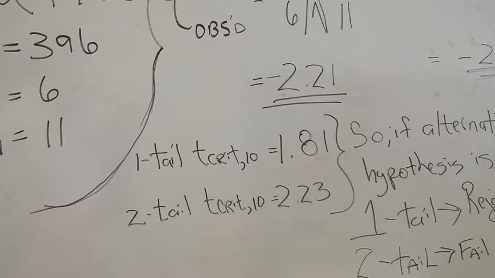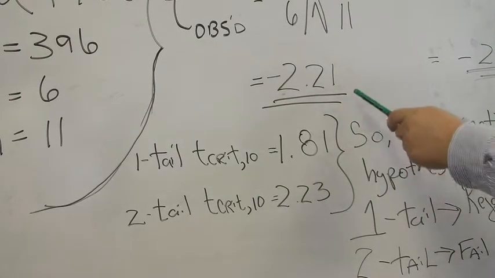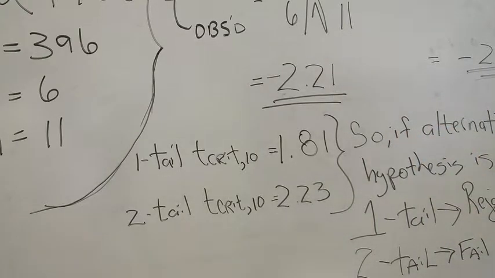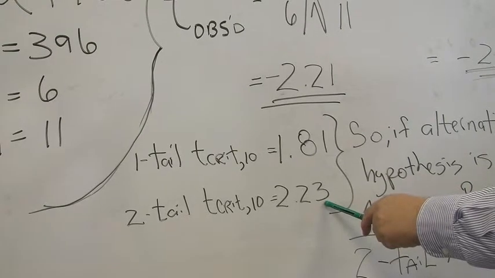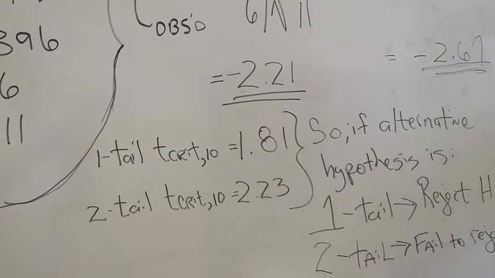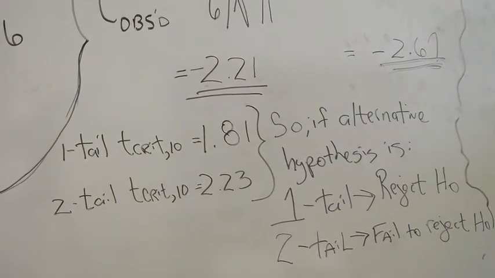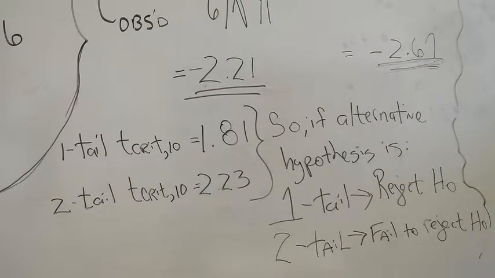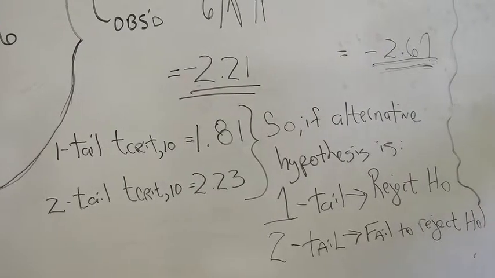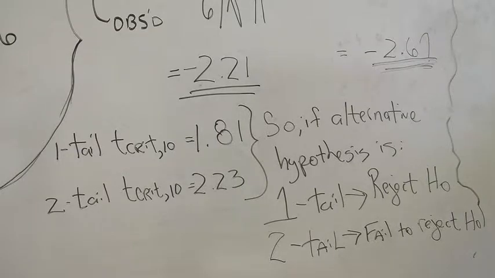So in my instance, since my observed value of negative 2.21 was not quite as big as the two-tail critical value of 2.23, technically negative 2.23, I failed to reject the null hypothesis. It was close, but I nevertheless failed to reject the null. For those of you who wrote a one-tail alternative, you would have rejected the null hypothesis.